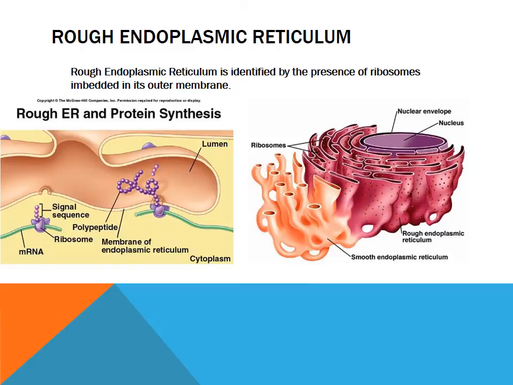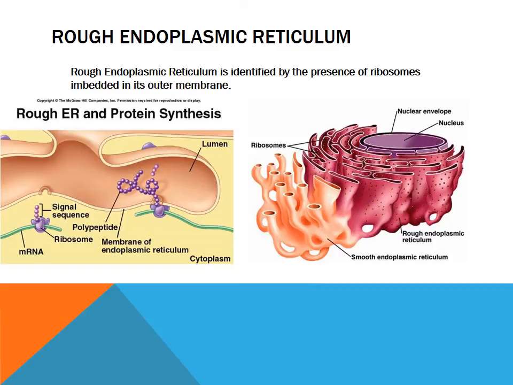So a ribosome will come and bind to the rough ER, and it will also bind to RNA, ribonucleic acid, produced from the nucleus. Both of those have left the nucleus through the nuclear pore. They meet up at the endoplasmic reticulum. This green structure down here, that's the RNA. The purple structure is the ribosome.